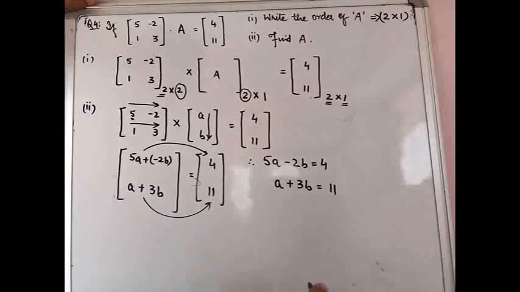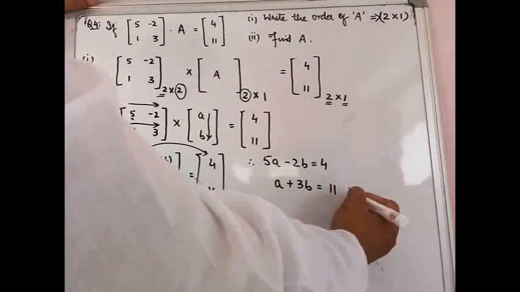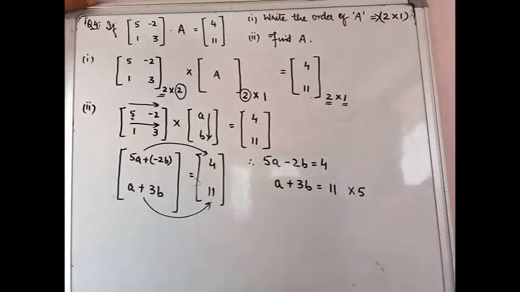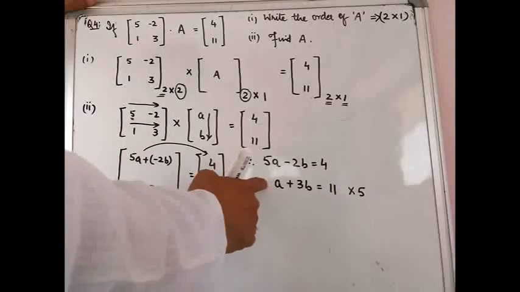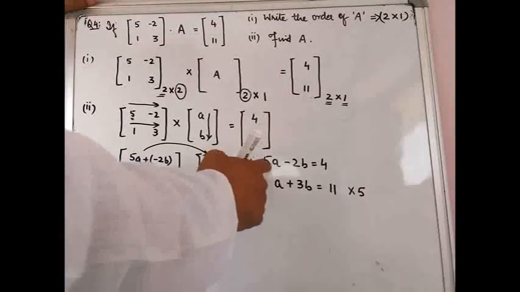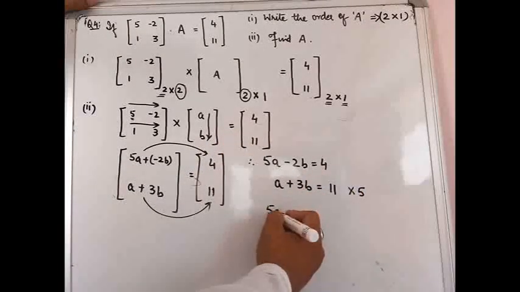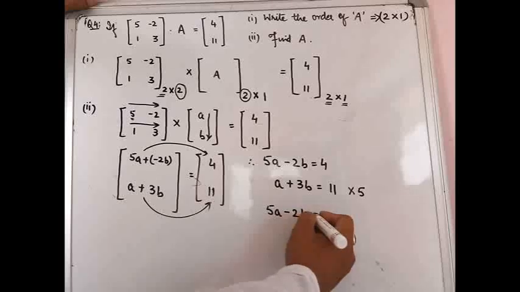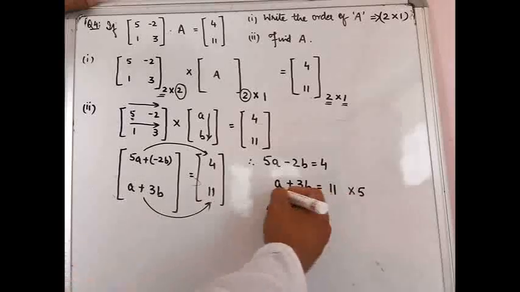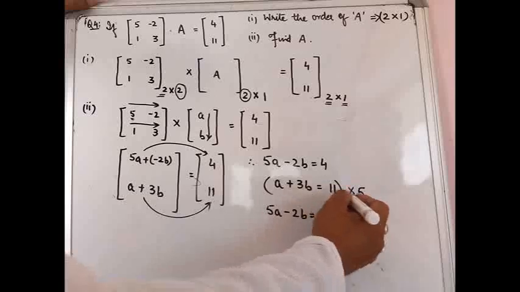So what you can do over here is you can multiply this second equation by 5, just so that this becomes 5A like this. So first equation will remain 5A minus 2B is equal to 4. Second equation is getting multiplied, if you see, by 5.